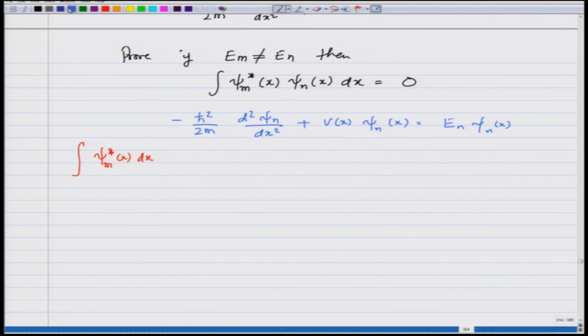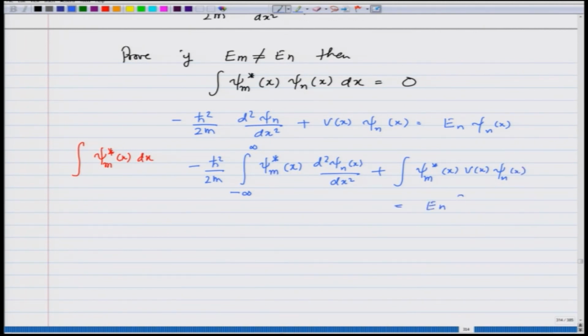So, this equation can be written as minus h cross squared over 2m, integral from minus infinity to infinity of psi m star x d2 psi n x over dx squared, plus the integral of psi m star x V x psi n x, equals E n times the integral of psi m star x psi n x dx. All integrations are from minus infinity to infinity.